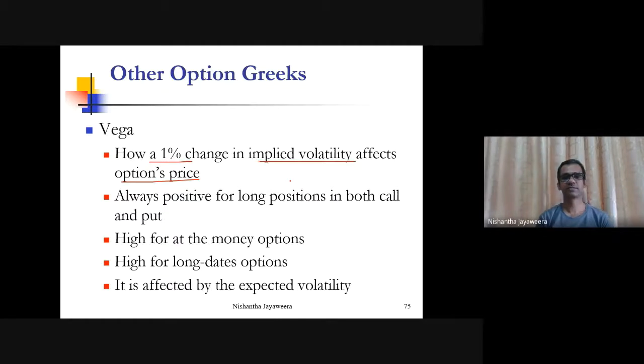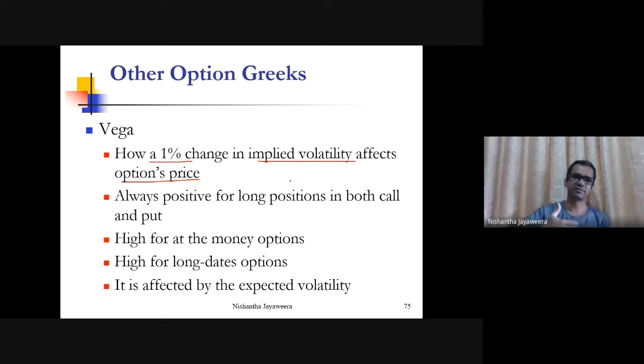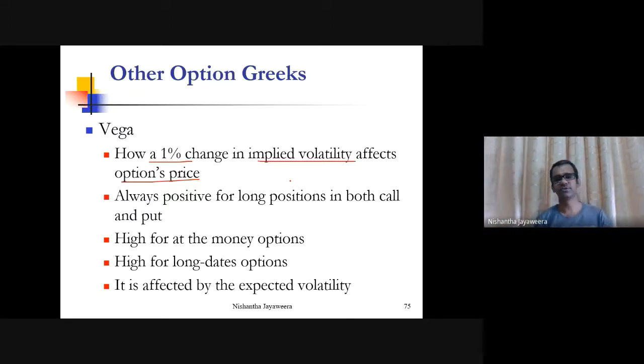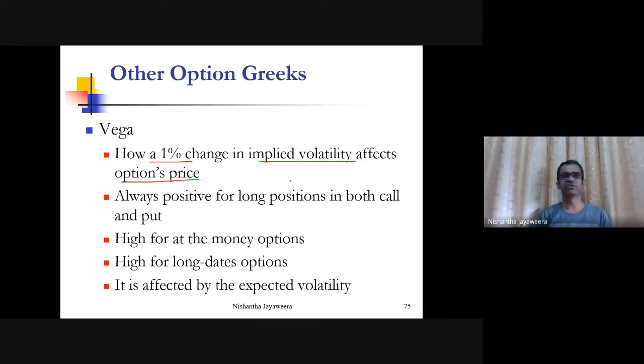In the Vega, as I mentioned, change in volatility, how the option price changes. But it is always positive for long positions in both call and put. Why? Volatility increases, option price increases. So there's a positive relationship. If volatility decreases, option price also decreases.